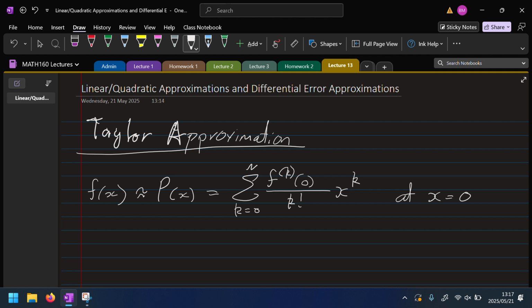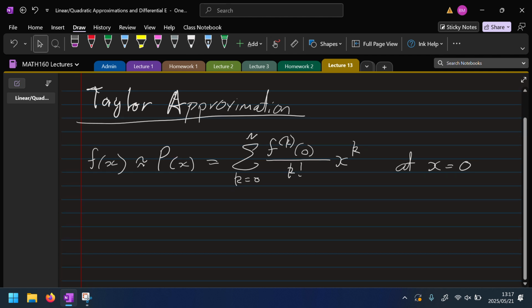Now, if we want to do the approximation somewhere else, we need to shift across. Where we see the x, we're going to shift across to this new point. Let's say we want to do the approximation at x equals c. We're going to take x, shift it across to x equals c, and then do the derivative at x equals c.